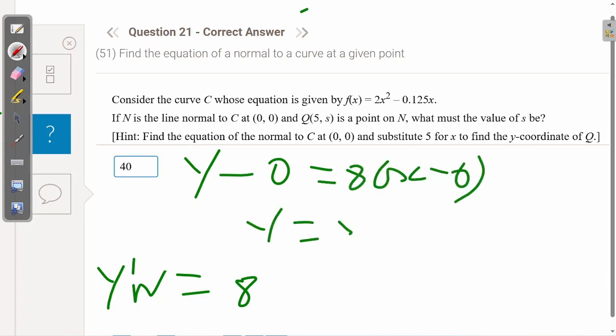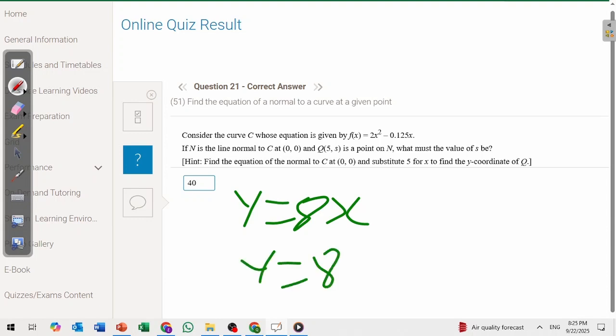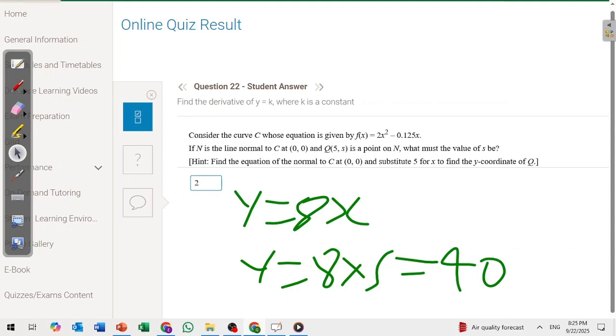You get y is equal to 8x. So I got y equals 8x, and now I want to find s. I substitute 5 in here, so I get 8 times 5, you get 40. So you just substitute the x into the normal equation.